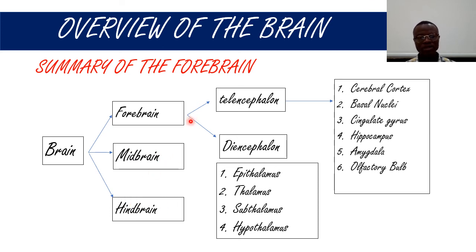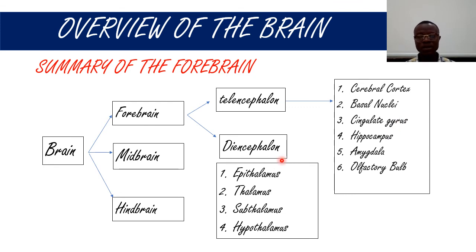The forebrain, as we stated, is divided into the telencephalon and the diencephalon. The telencephalon is further made of the cerebral cortex, the basal nucleus, the cingulate gyrus, the hippocampus, the amygdala, and the olfactory bulb. As I stated, the amygdala can also be considered as part of the basal nucleus.